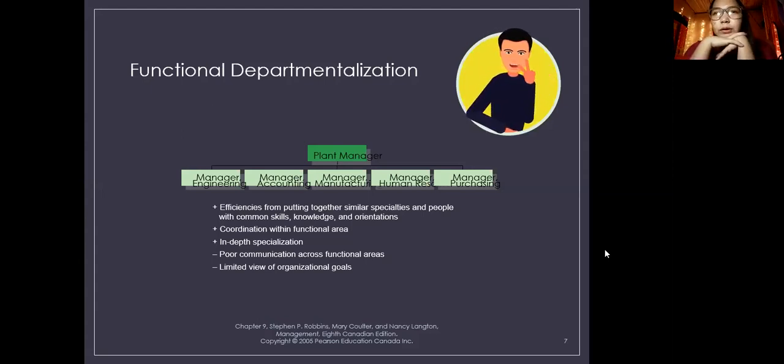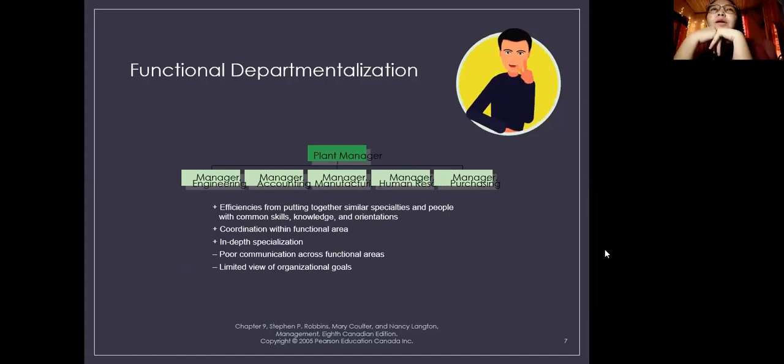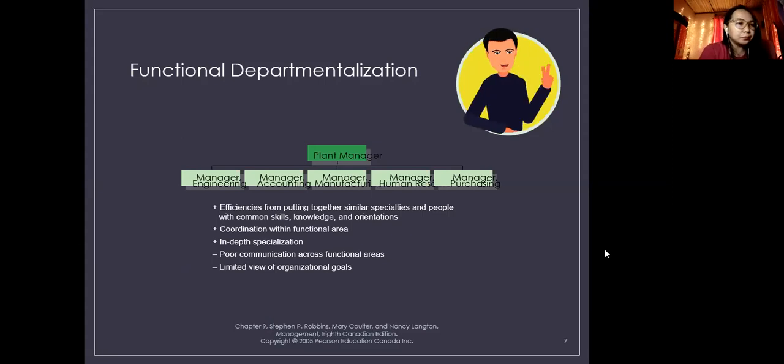But you can also, this is the most common, for example, the president, tapos merong marketing manager, human resource manager, operations manager, financial manager, ganyan. Ayan. So it is dividing into groups that have similar functions. So it is really common. I think this is the most common.